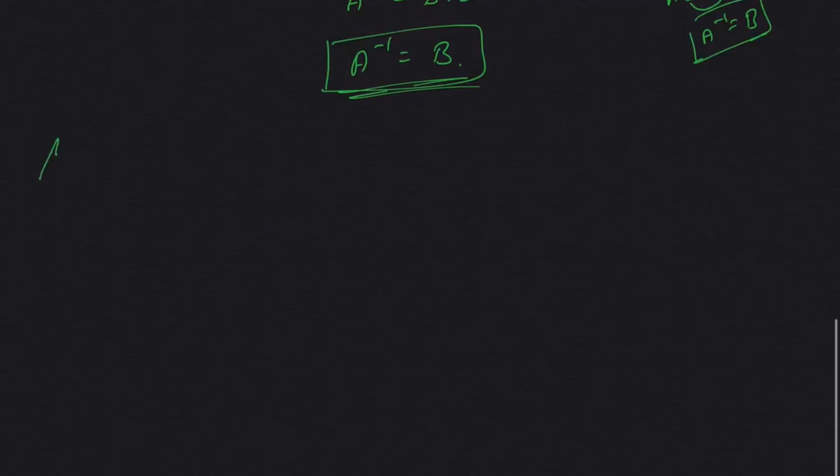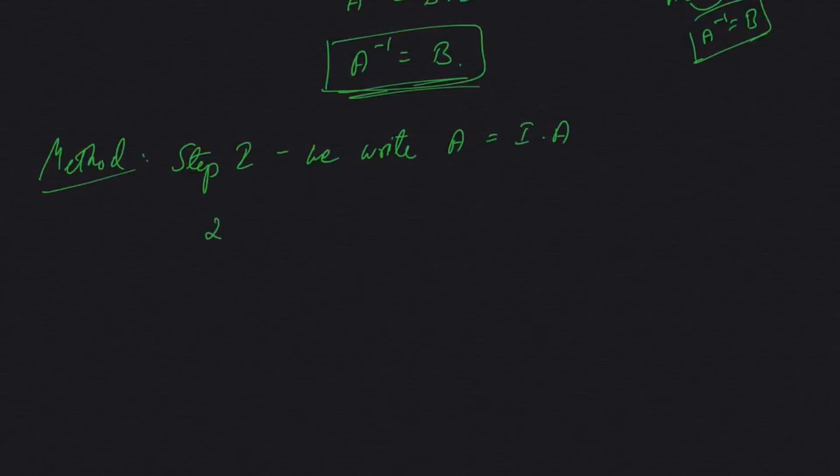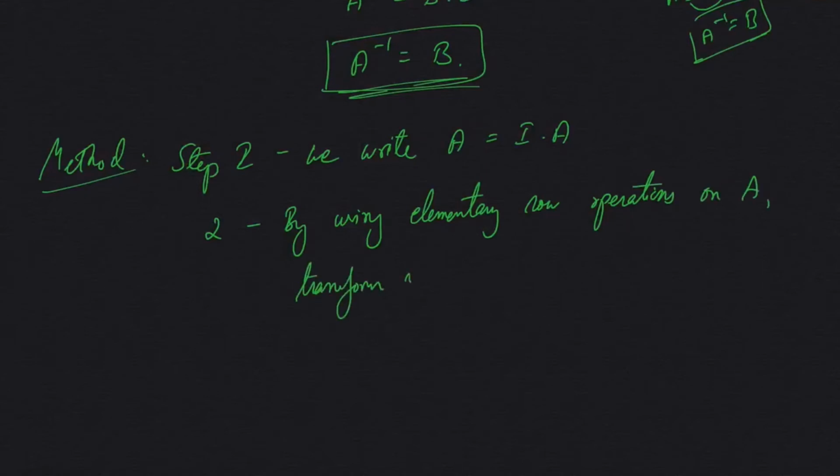Okay, so like method 2, I'll just give you the algorithm also. Method 2, step 1: we will write A equal to I into A. Step 2: by using elementary row operations on A, transform it to a unit matrix.